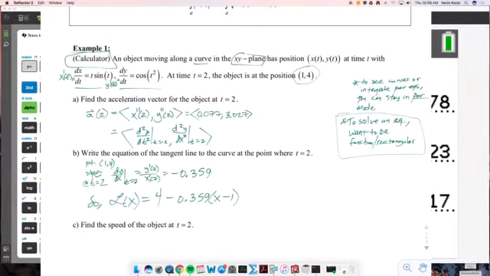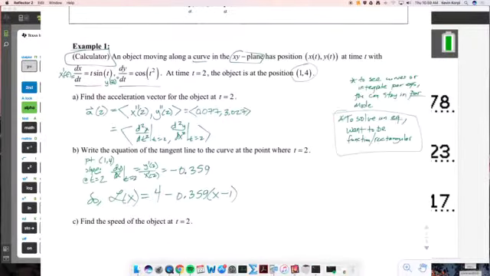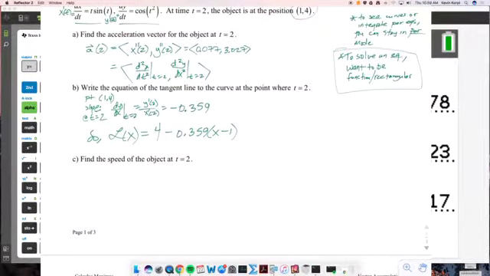So notice I haven't plugged anything in. Actually, I could have literally just called the slope cosine of 4 over 2 sine of 2. You could have done that. That would be just plugging in a 2 here. So that works also.